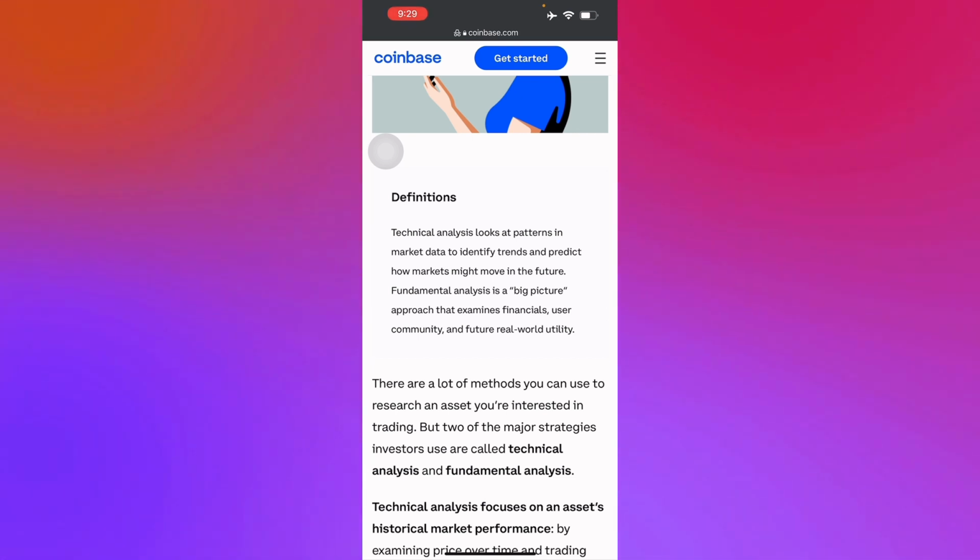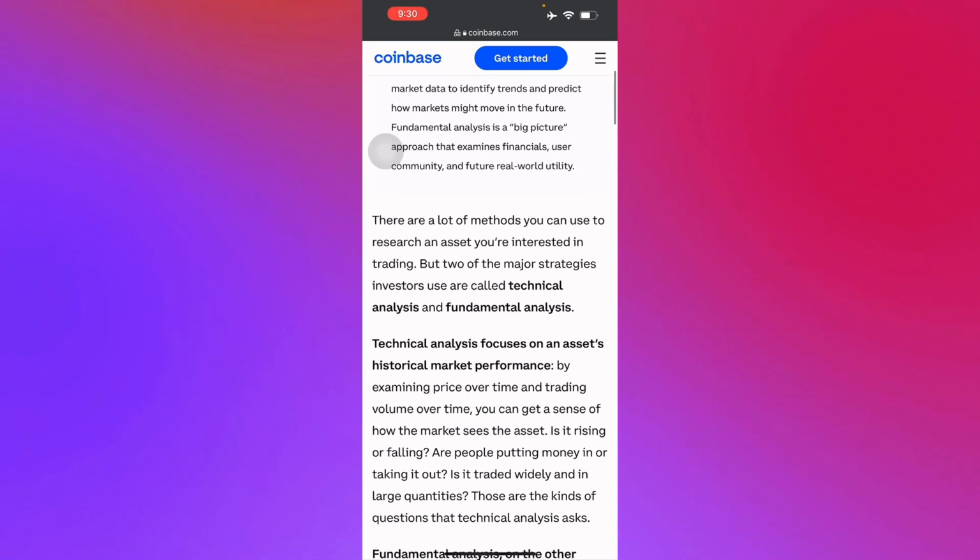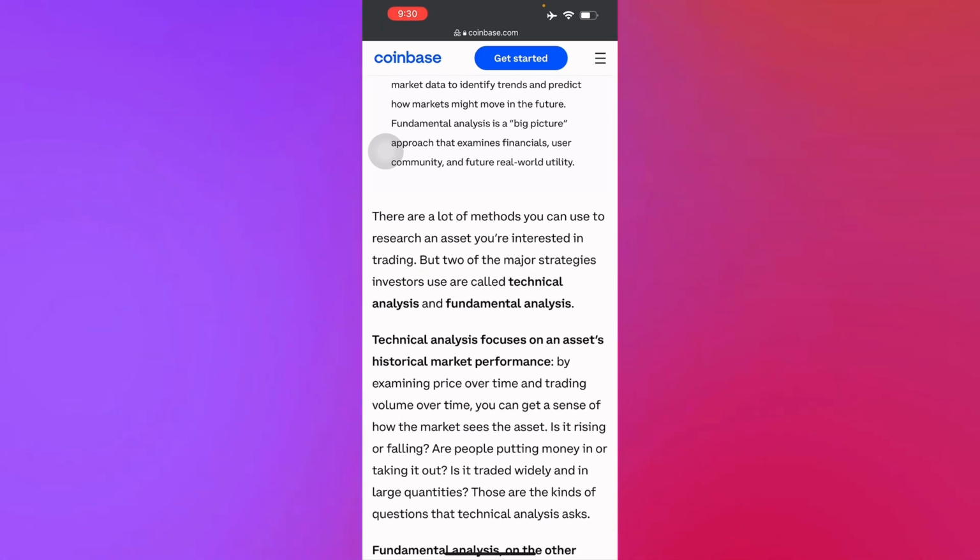Fundamental analysis is a big picture approach that examines financial, user, community, and future real-world utility. These are just a few methods you can use to research an asset you're interested in trading. So let's say you want to invest in Bitcoin, you can use technical analysis and fundamental analysis to learn how to trade it and how to monitor it.